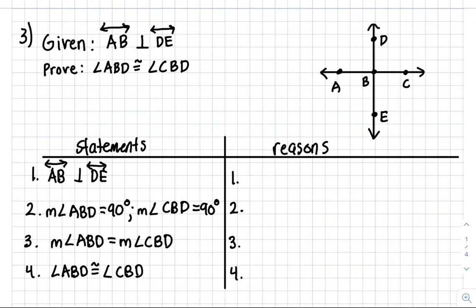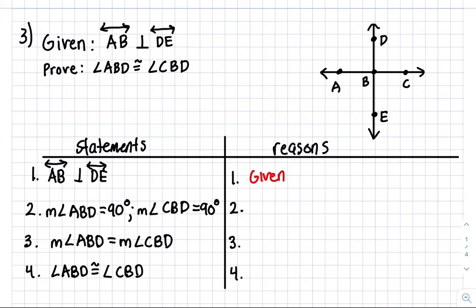Alright, here's number 3. Given AB is perpendicular to DE, prove angle ABD is congruent to angle CBD. First, there's our statement. We know this is given.